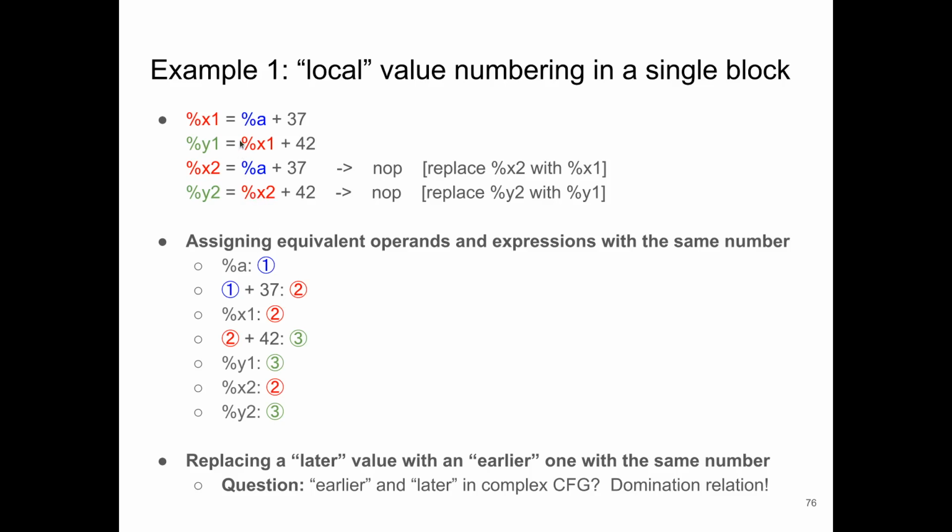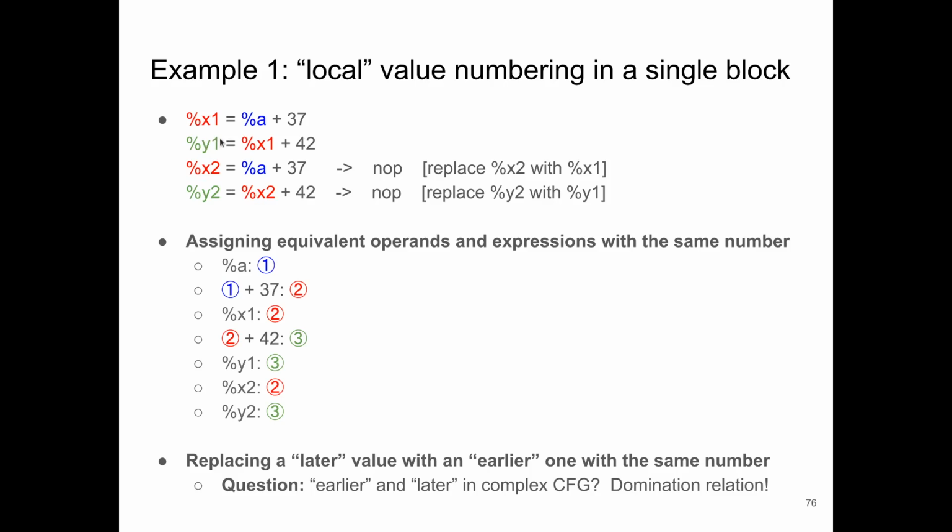And now we know that a plus 37 is number 2, and this is assigned to x1, so we are going to give x1 the number 2 as well. So this is what happened. These two are what is added to our knowledge about the values of these expressions and variables after the first line.